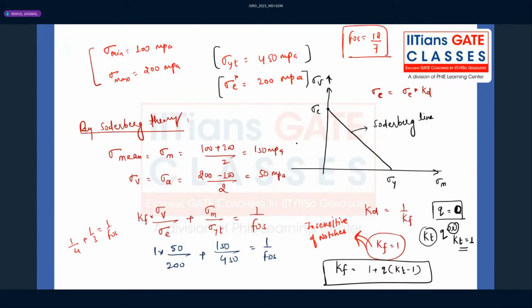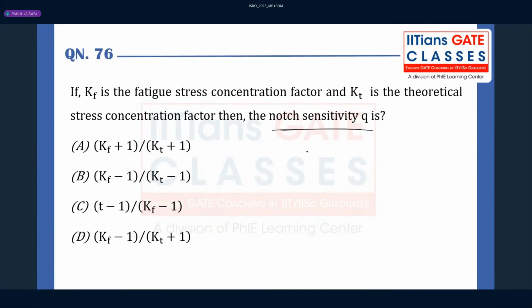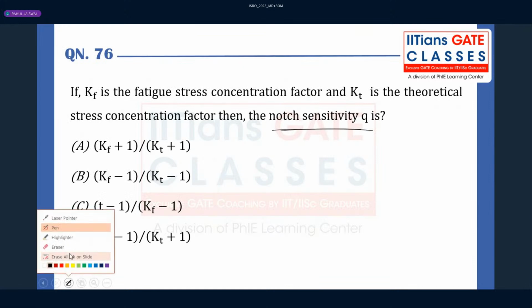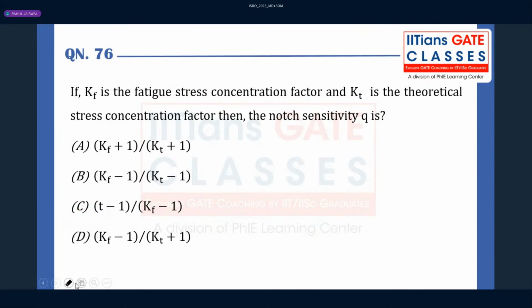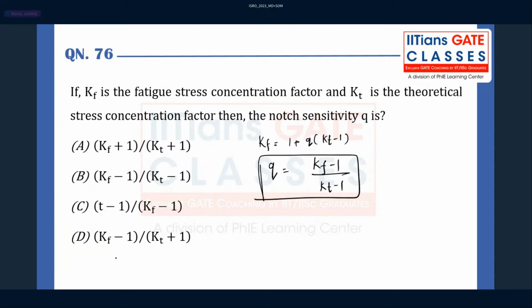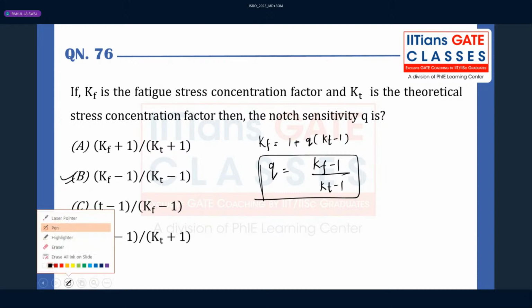When you read this problem, Kf is the fatigue stress concentration factor and Kt is the theoretical stress concentration factor. Both are correlated by Q. So Kf equals 1 plus Q(Kt minus 1), so Q can be written as (Kf minus 1) divided by (Kt minus 1). The answer should obviously be B.